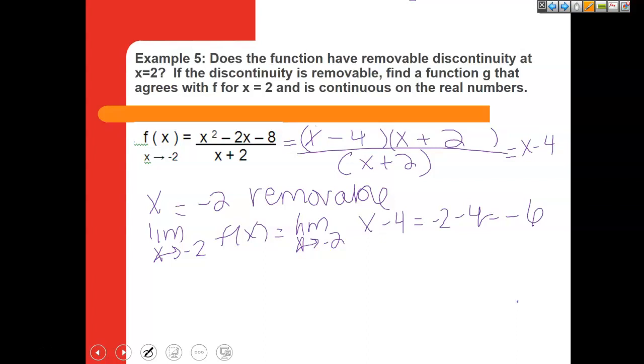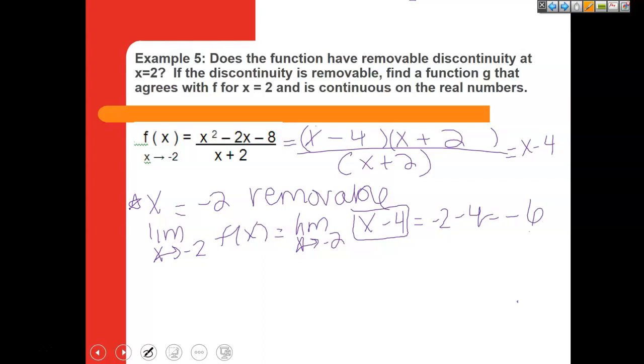We want to find a function g that agrees with f and can make it continuous. So we needed to find a function that at x equals negative 2 will make the limit match the function value. This is where my removable pool is at. That's what I need to fill.